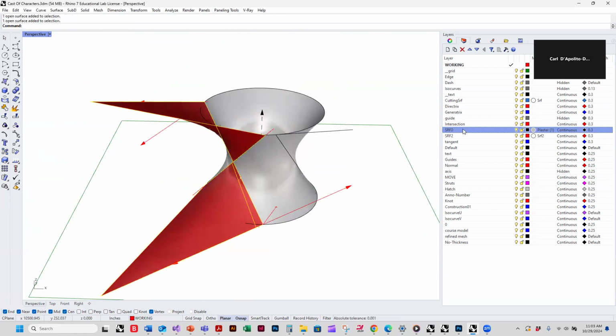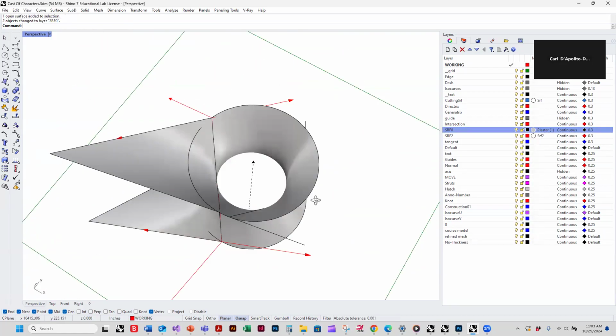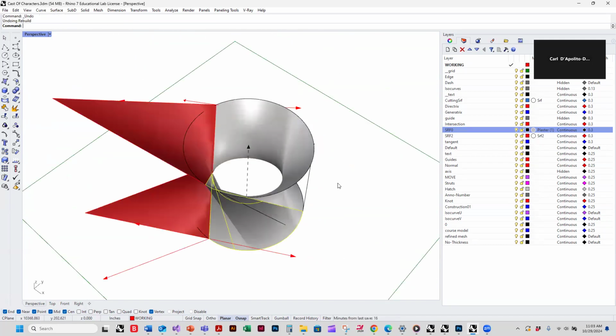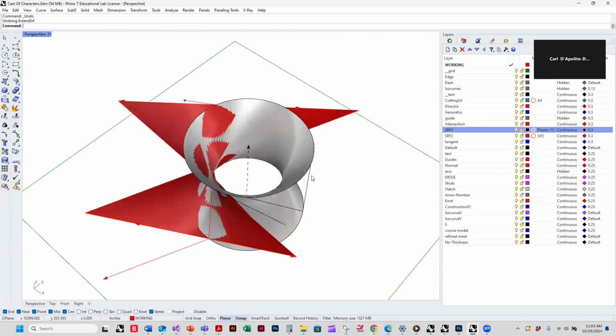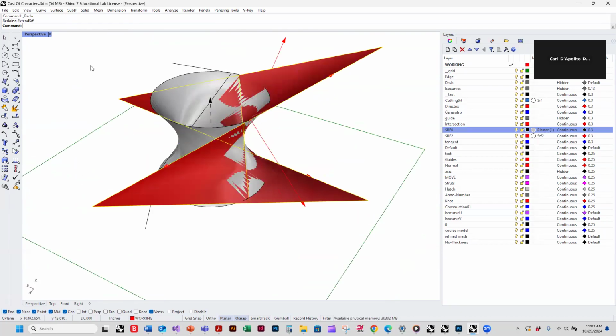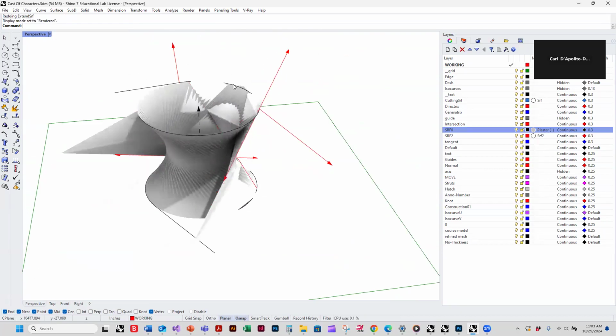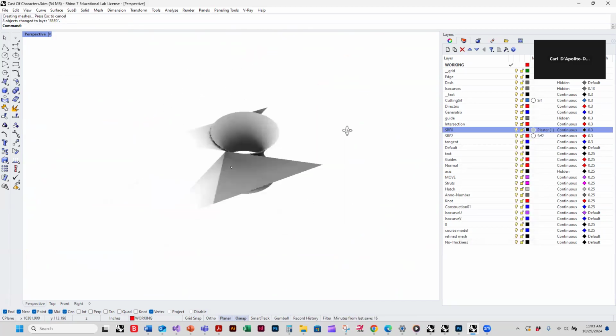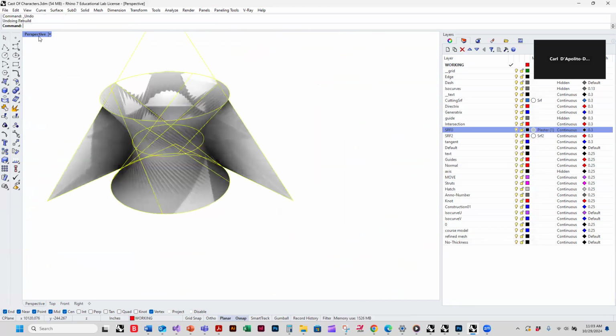It's just because Rhino has sometimes trouble displaying the true mathematical surfaces. So this relationship here is pretty beautiful and extraordinary.